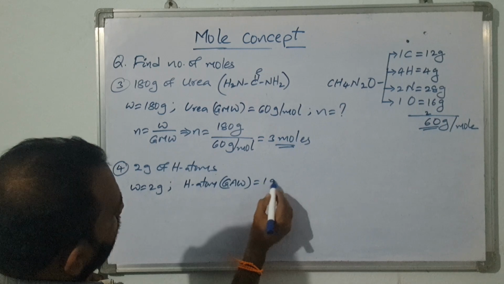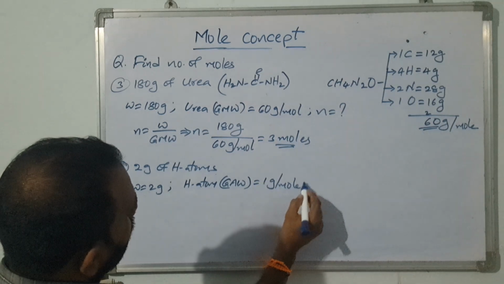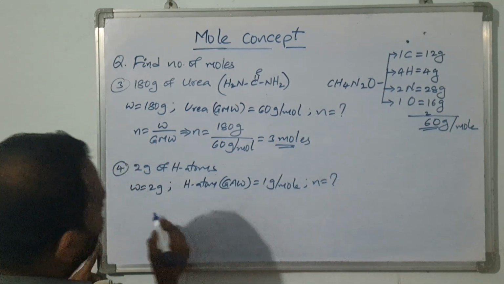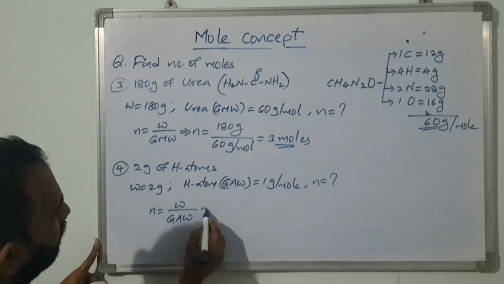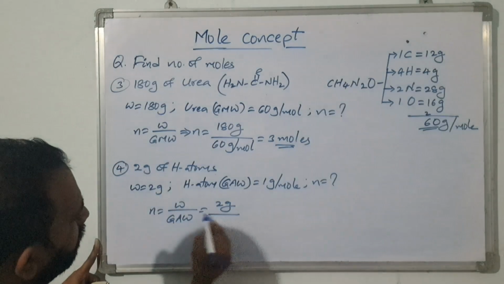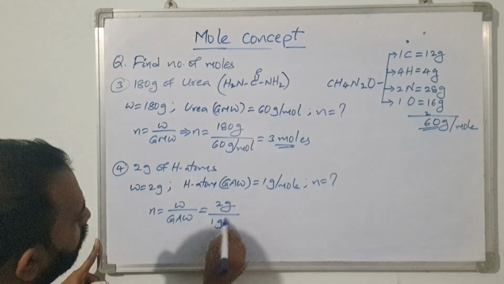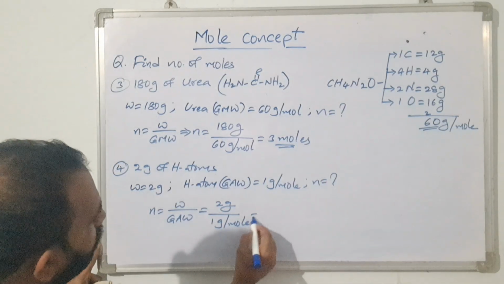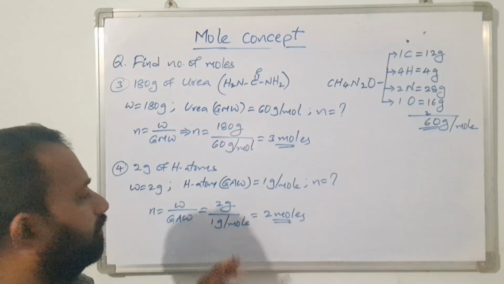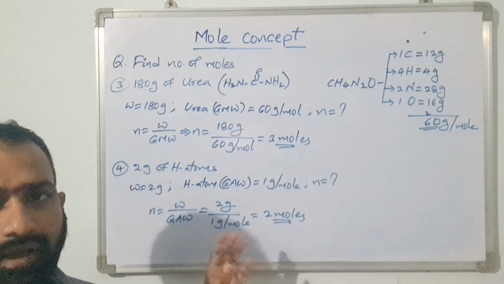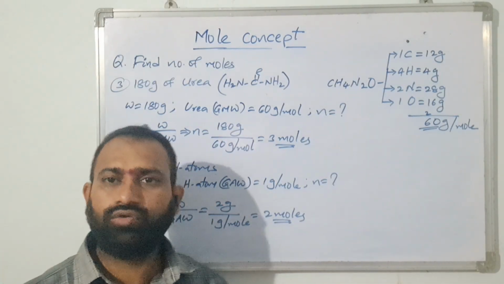Hydrogen gram atomic weight is 1 gram per mole. And number of moles, what is the formula? Number of moles is equal to weight by gram atomic weight. Weight 2 grams is given in the question and its gram atomic weight is 1 gram per mole, that equals 2 moles. Understood, children?